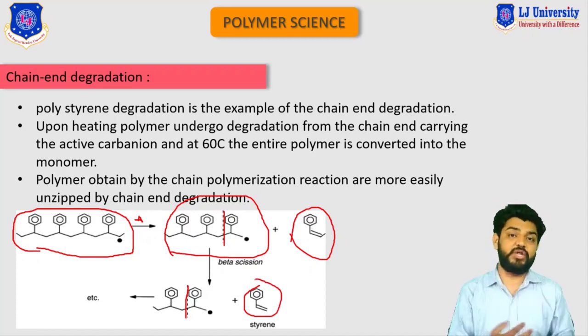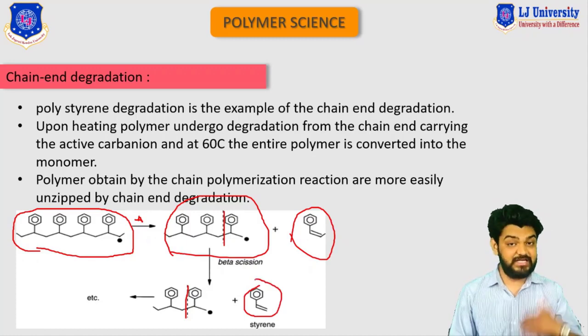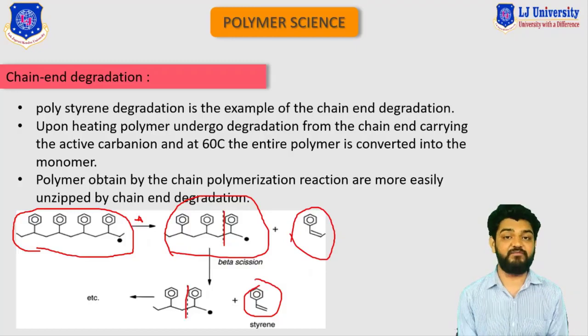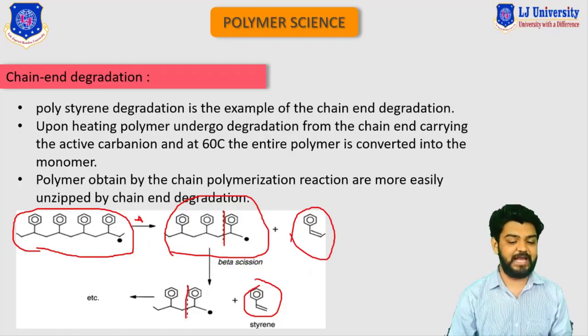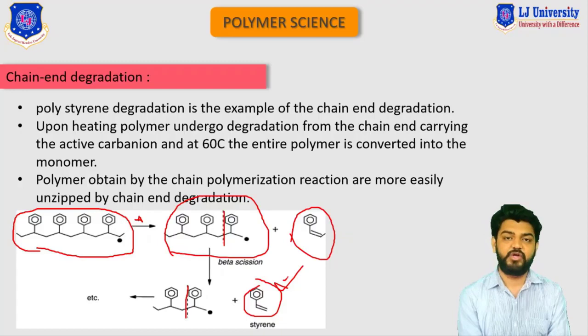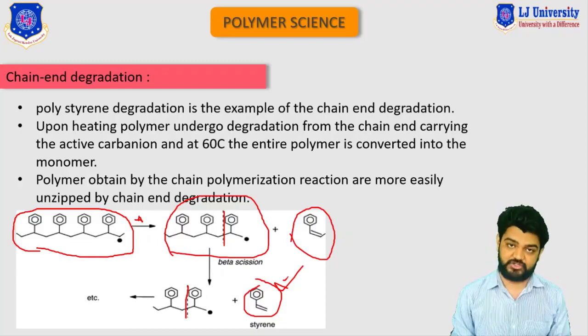So if we continue to apply heat and increase the temperature of the polystyrene to 60 degrees Celsius, the entire polymer of polystyrene will degrade and we will be left with the monomer of styrene like this. Right? Like this we will have only the monomer of styrene. So this is what we mean by the chain end degradation process.